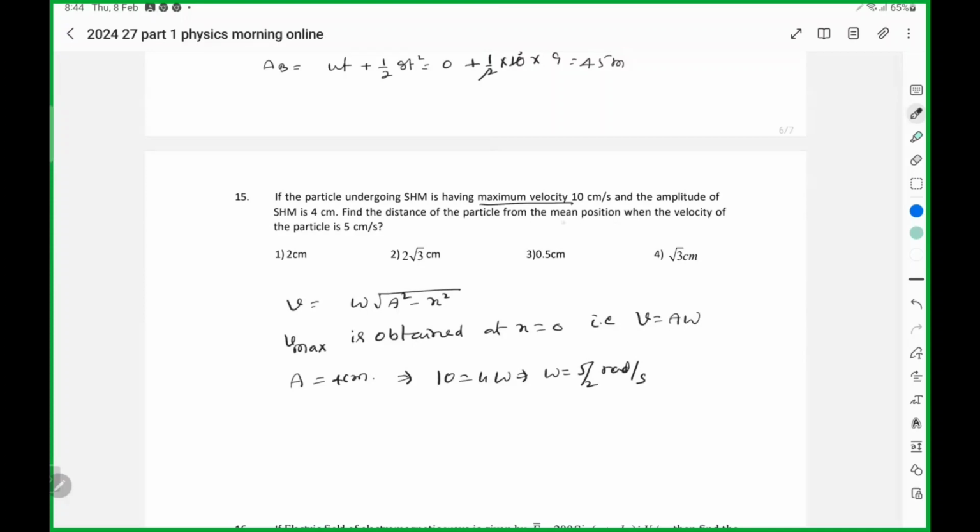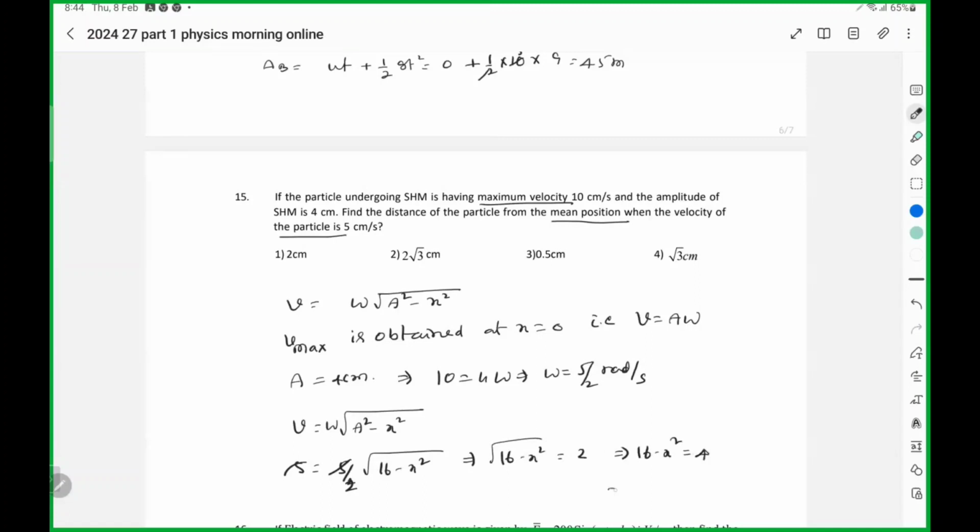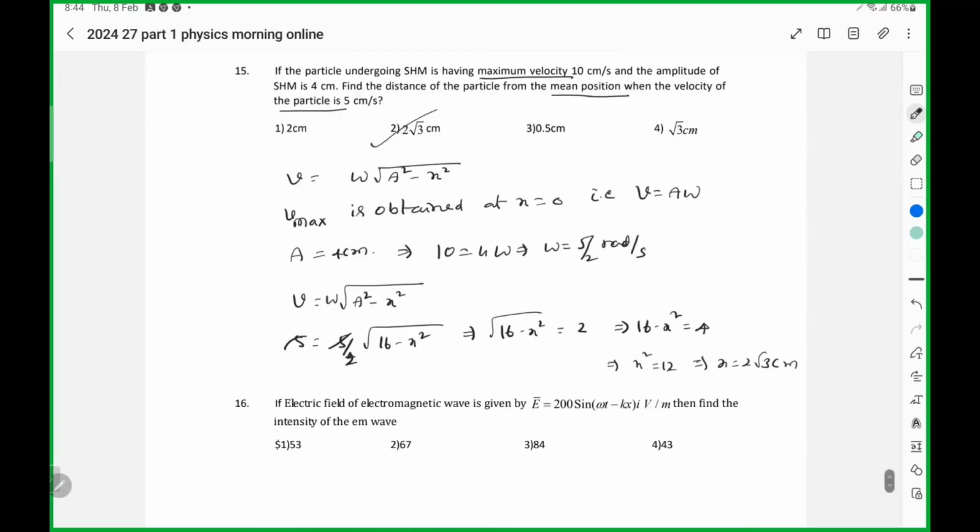Find the distance of the particle from the mean position when the velocity is the same; we write the same formula. He is asking for V, which he has given as 5 centimeter per second. The amplitude is fixed, that is 16 minus x square, which implies the square root of 16 minus x square is 2. x square is 12, which implies x will be 2 root 3 centimeters.